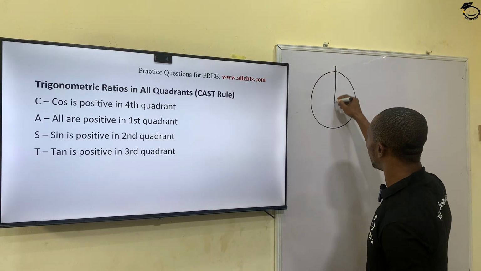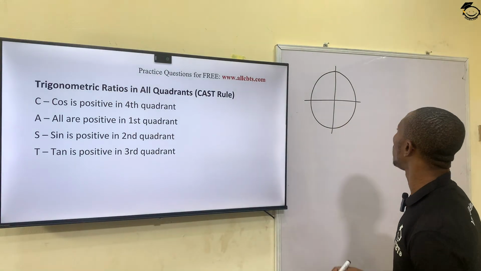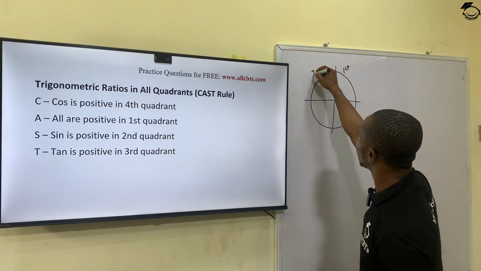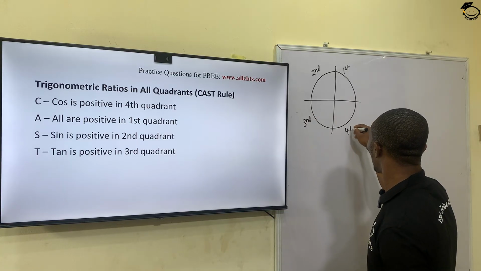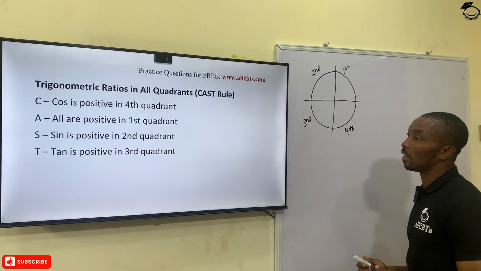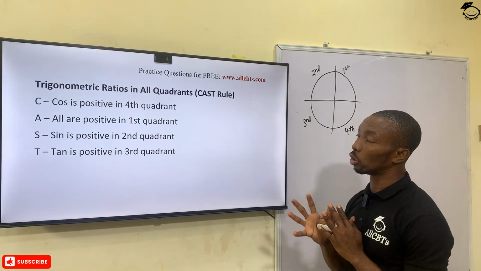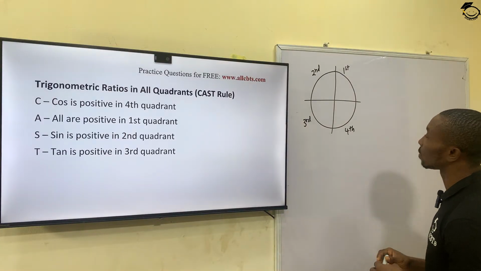is divided into 4 parts known as quadrants. Okay, we have our first quadrant, second quadrant, third, and fourth quadrant. Now, in each of these quadrants, the basic trigonometrical ratios are applied in different ways.